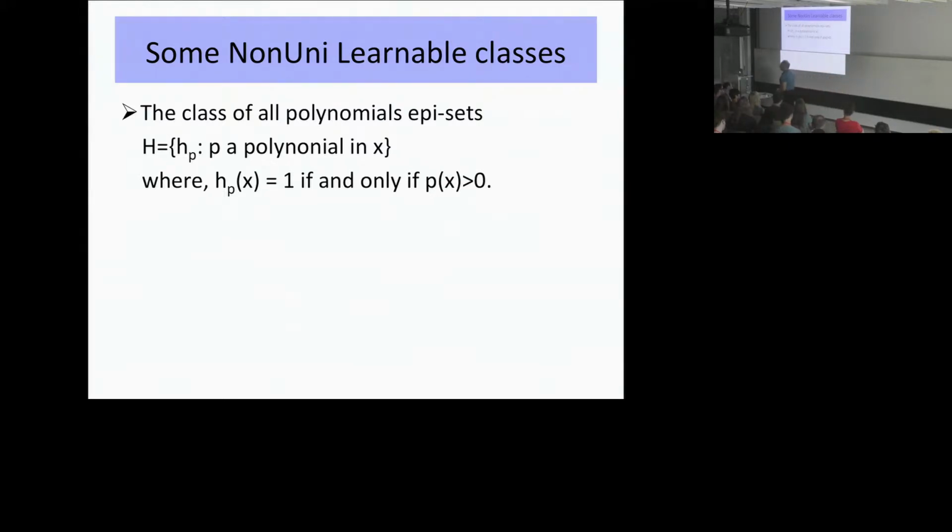Can anybody offer me the decomposition, if I want to handle the class of all polynomials? Maybe first we need to make sure that everybody understands what I mean by the class of polynomials. Look at this definition here. For every polynomial P, HP is the hypothesis that gives me 1 whenever x substituted in the polynomial is bigger than 0.